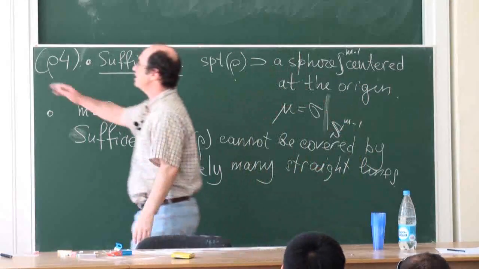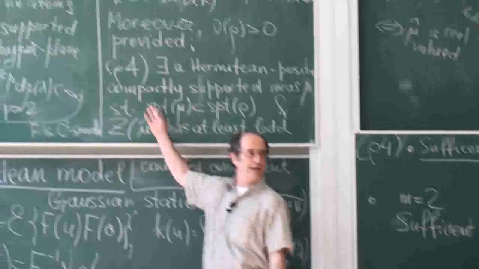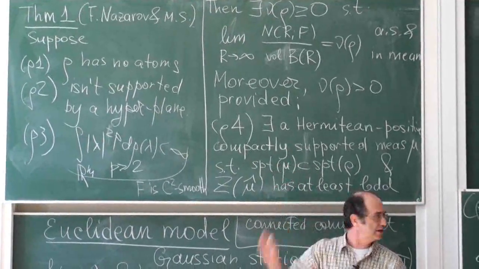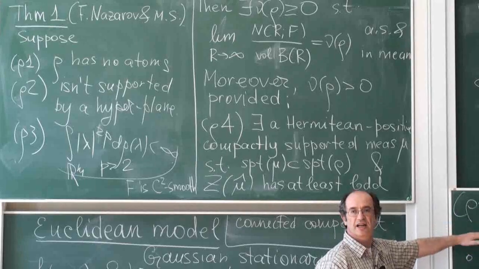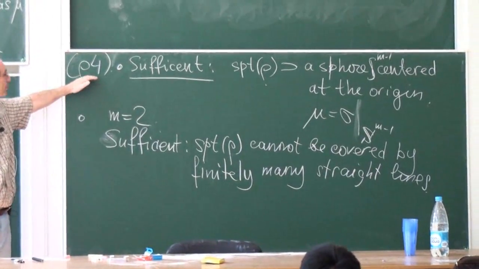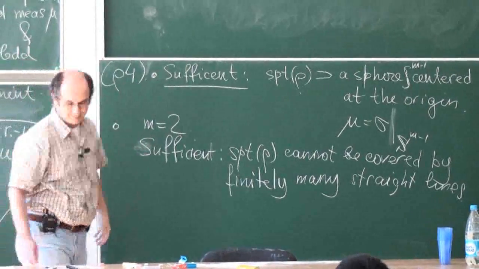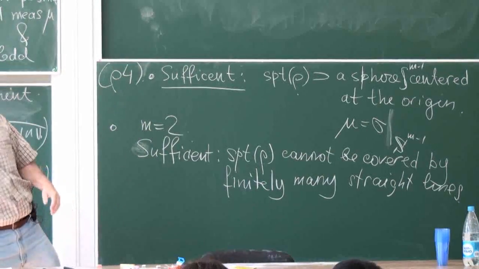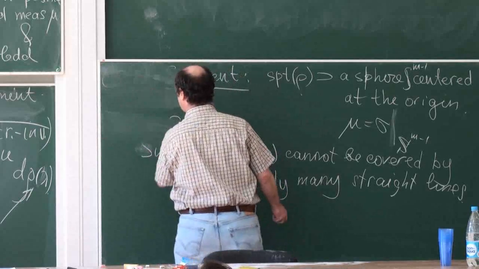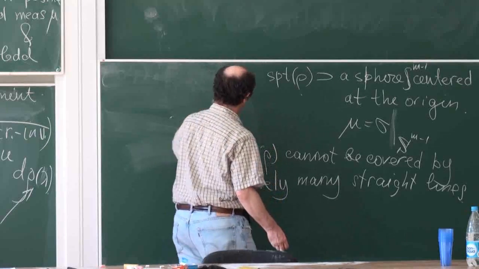So though this condition looks pretty strange, what I wanted to say is that it's rather easy to check. These two sufficient conditions are, even the first sufficient condition is, for all examples I know, one can use this. All right, so now let me go to the proof.